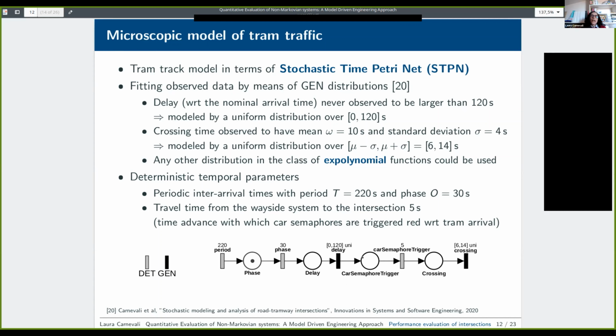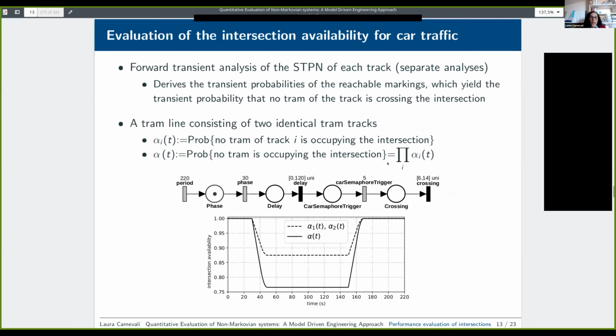In particular, the ORIS tool supports the class of expolynomial functions, which are a quite general class of functions, possibly with bounded support, possibly piecewise defined over a specific domain. And so this is the model of a tram track. We can analyze separately the model of each tram track and combine the results.